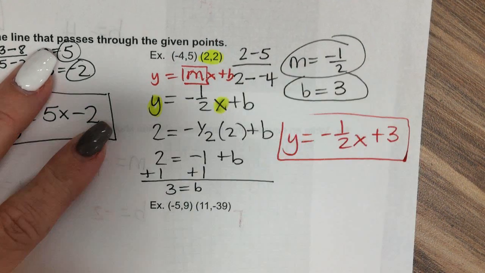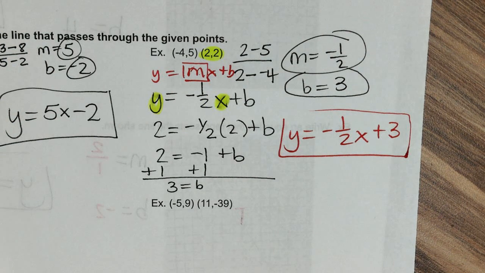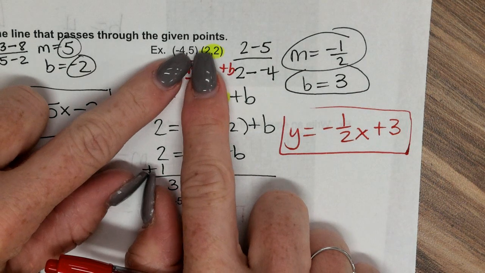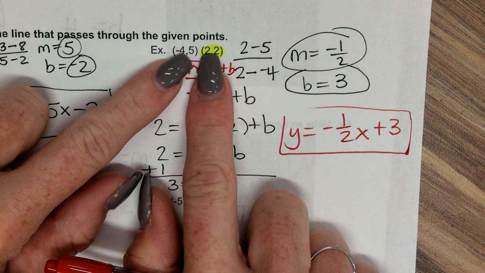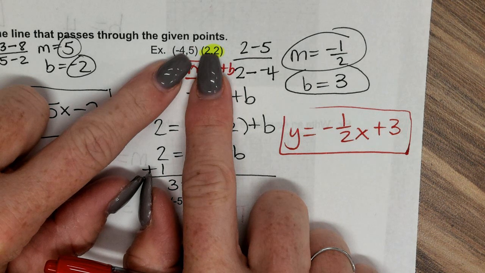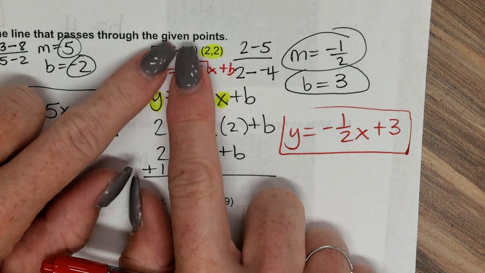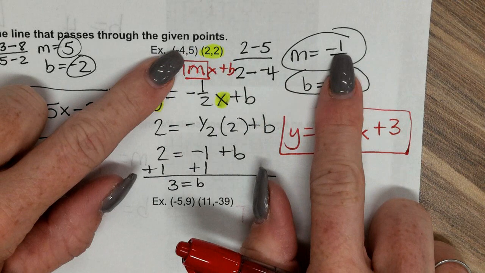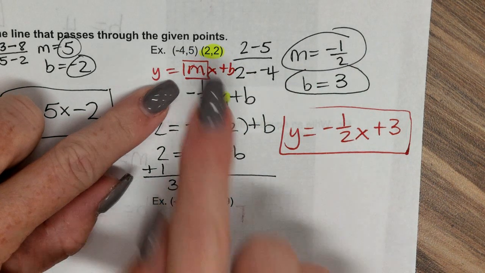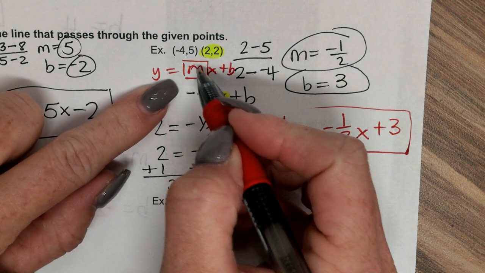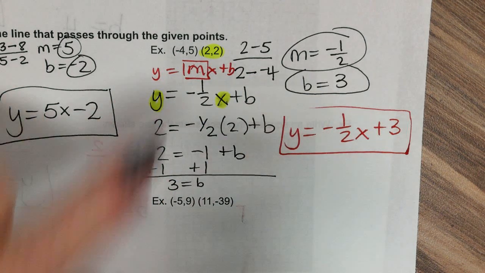The m was negative 1/2. Do you understand or no? Okay, I'm going to say it again. Step 1, you know how to do this. You know how to solve for slope, yes? That's how I got negative 1/2. So I did y2 minus y1 over x2 minus x1. I got this number. So in y equals mx plus b, negative 1/2 goes for the m. That's where that came from.